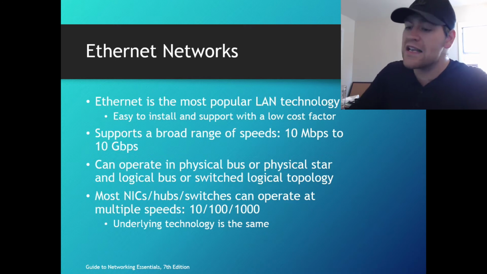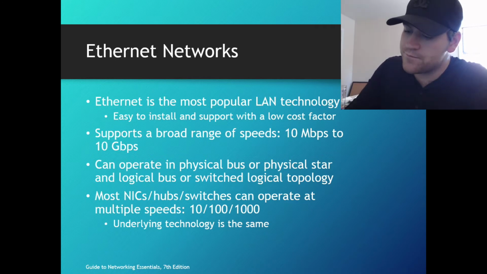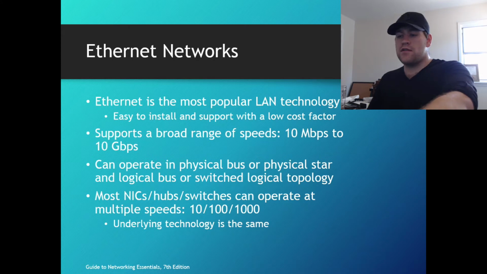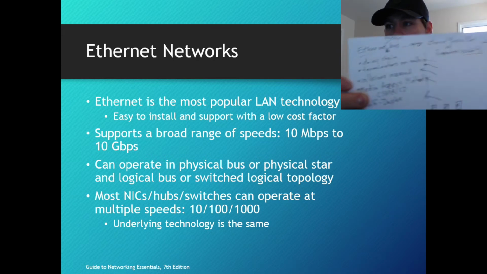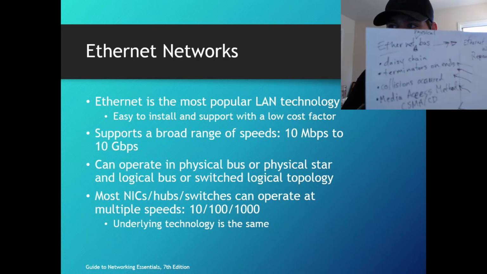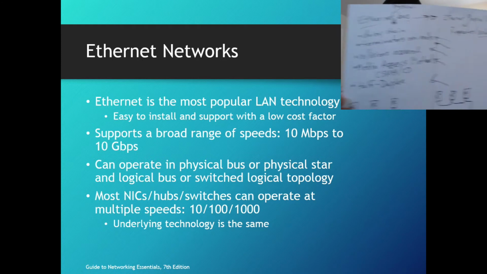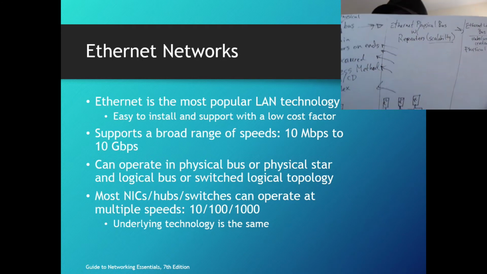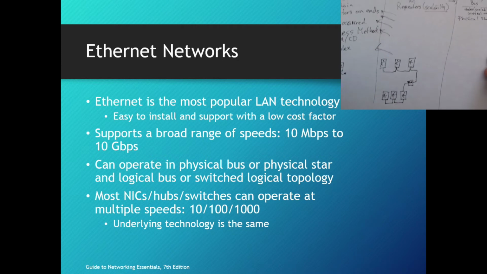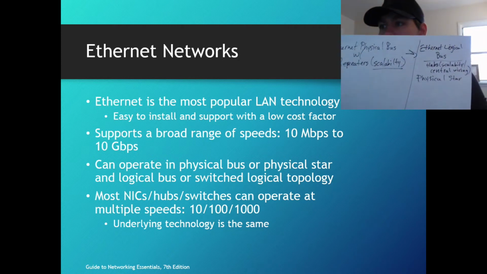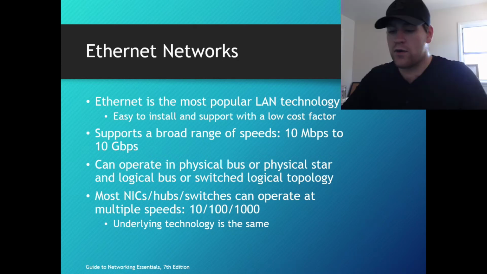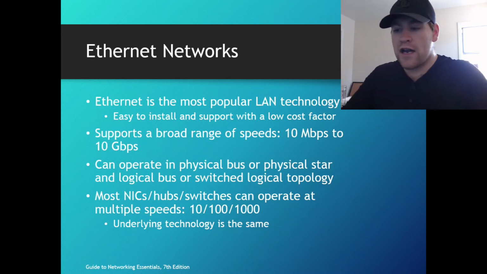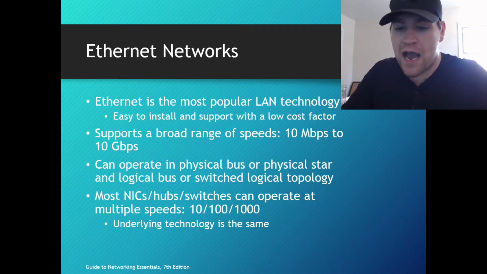Now it's a logical bus, but a physical star. So Ethernet is evolving. We see the progression. We started with an Ethernet physical bus, literally a daisy chain, continued with the daisy chain but now scalable because of repeaters, and finally we're moving to the Ethernet logical bus, where we no longer have a daisy chain. So the daisy chain is out.